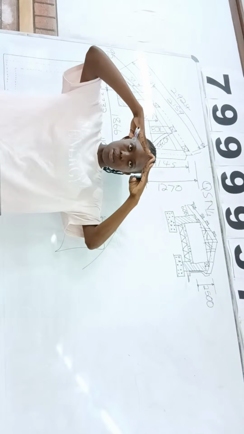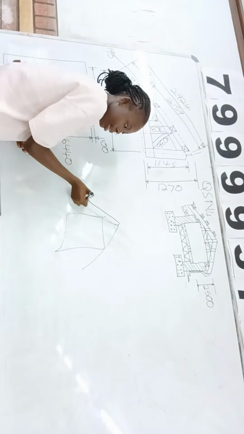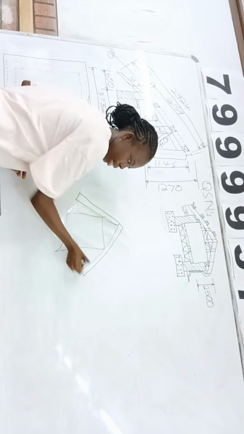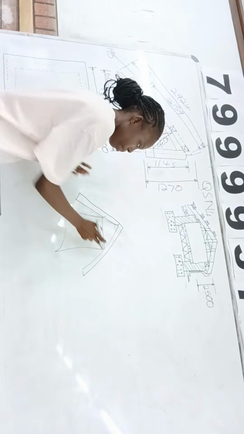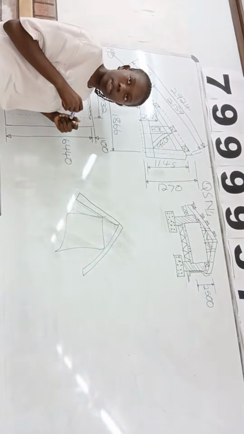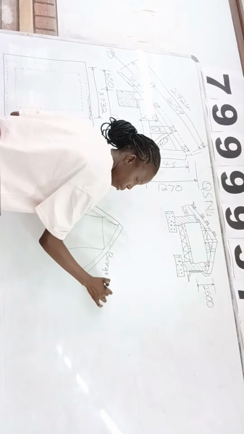There will be something like this at your roof, and it's called a bargeboard.